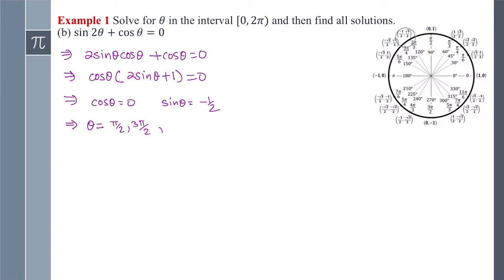So sine theta is negative 1/2 at 7 pi over 6, right here, and then at 11 pi over 6, which is right here. So we get theta equals 7 pi over 6 and then 11 pi over 6.